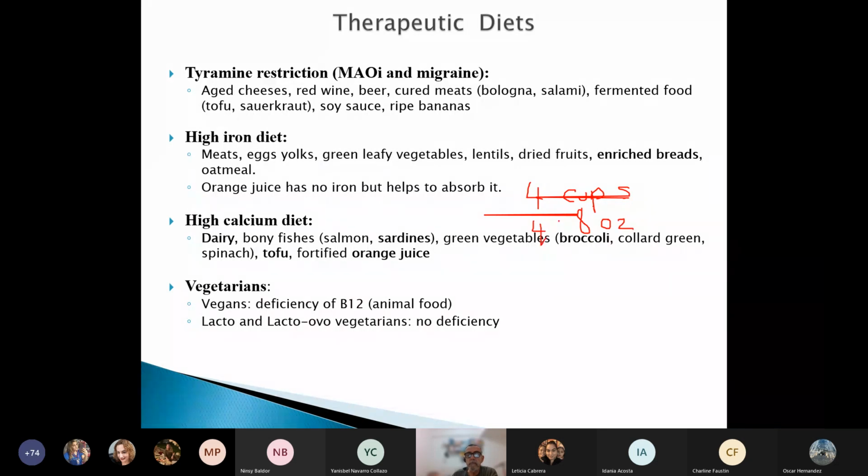So 4 times 8 is 32 ounces. They can ask you, and I saw the question, the students told me the question, that it could be 32 ounces mentioned or 4 cups, because it's the same.